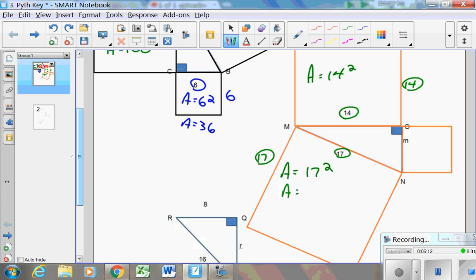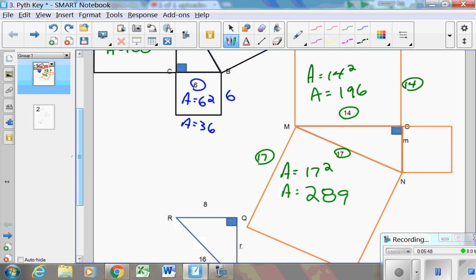If you use your calculators and you go 17 by 17 or 17 squared, this area is 289 squares. That's how many squares are in there. And if you do the 14 by 14 square, the top square, you have 196 squares. So how big is the little square then?